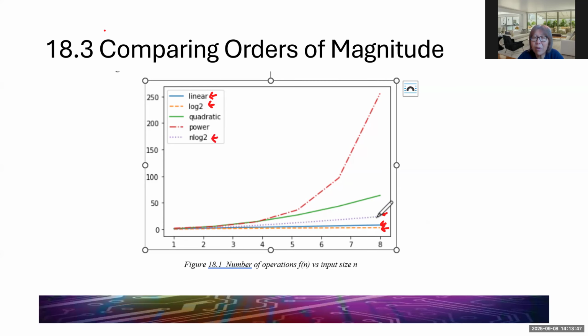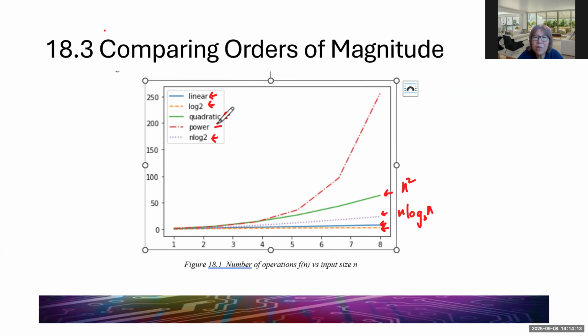Definitely n log 2n grows faster than linear. Then we have quadratic, and comparing n log 2n with n squared, n log 2n is definitely better than n squared.